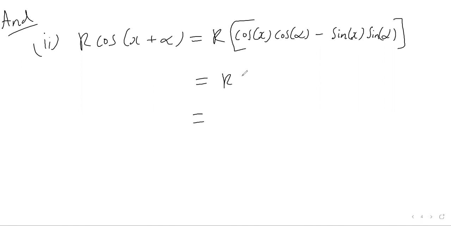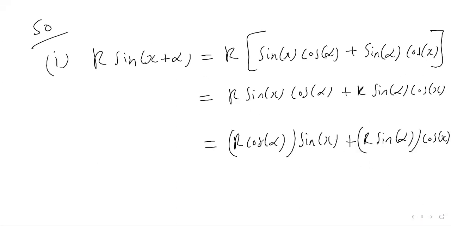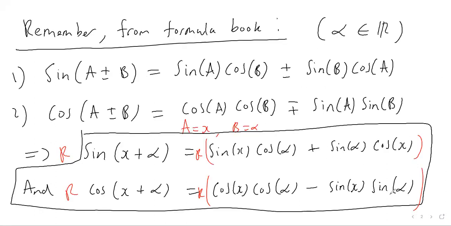So again, expanding the brackets, we get r cos x times cos alpha, and then subtract r sine x times sine alpha. And again, I'm going to do a very similar thing to what I did here. I'm going to box off the cos and the sine alphas and the r's.